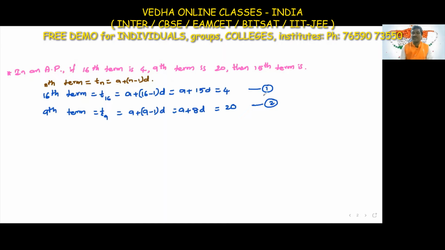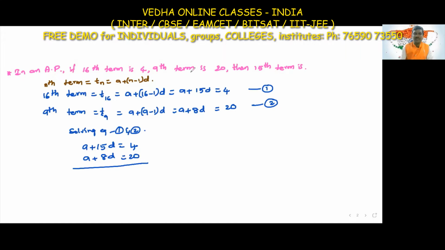Equation number 1 and 2. Solve both equations. Solving equations 1 and 2: a plus 15d is equal to 4, a plus 8d is equal to 20.